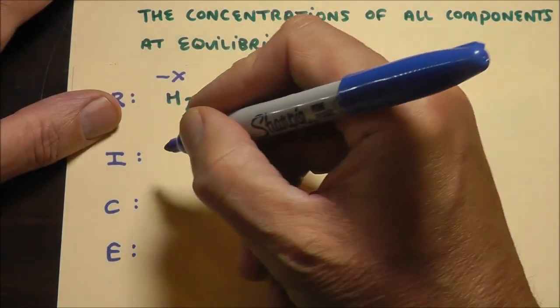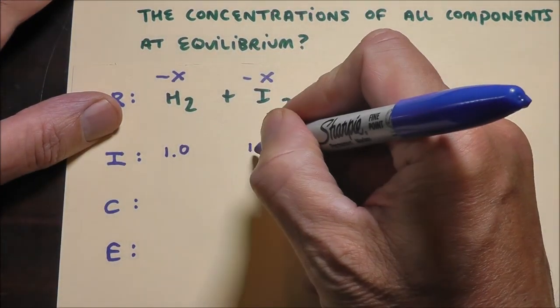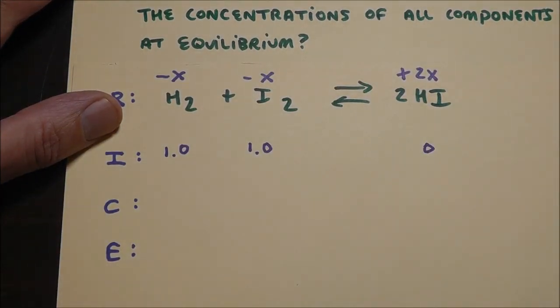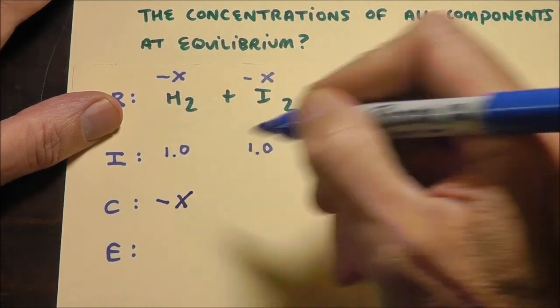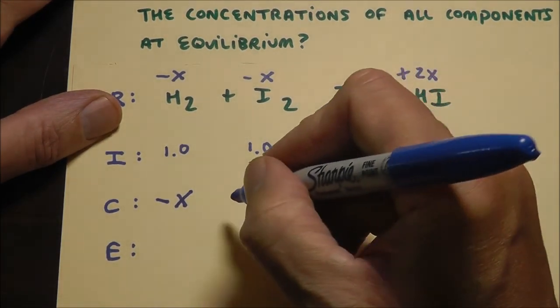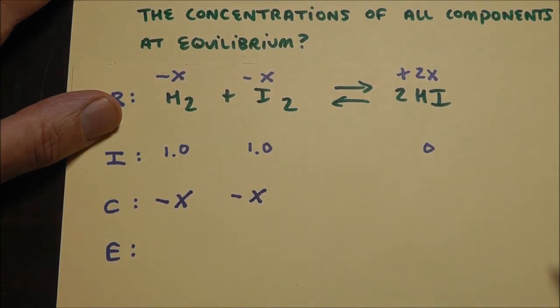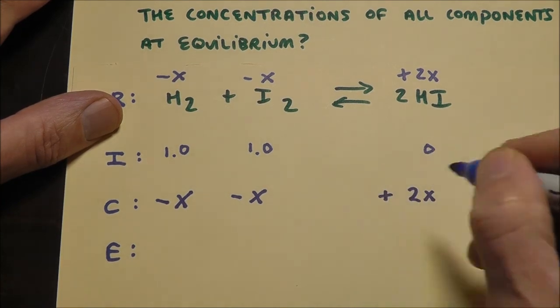All right, you'll see that this one sets up a little bit different. 1.0, 1.0, 0, and that's it. So what do we do? Well, I know this. When we don't know what something is, we're going to call it X. Ooh, it sounds like a solve for X problem, huh? So minus X plus 2X.